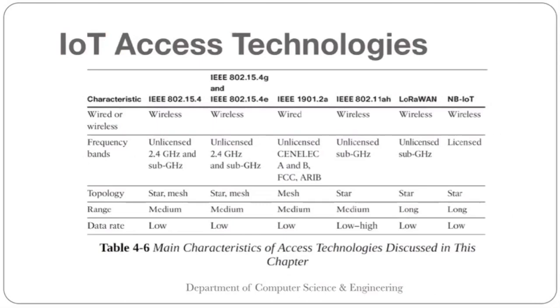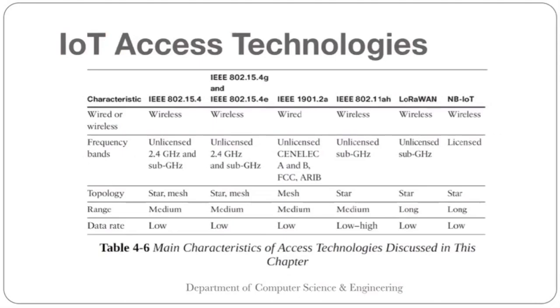Then we have IEEE 802.15.4g or 4e, which is for smart utility networks. That is also wireless and uses an unlicensed band, the 2.4 gigahertz band, and supports star and mesh topologies. Again the range is medium and the data rate is low.